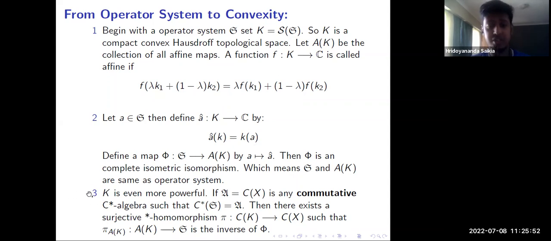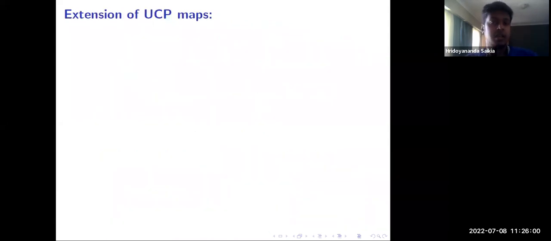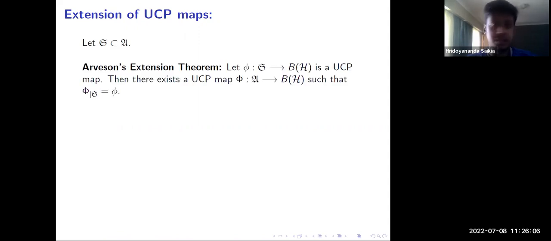The point 3 is not necessary for this talk, but it makes the set K very powerful. All right. So, extension of QCP maps.